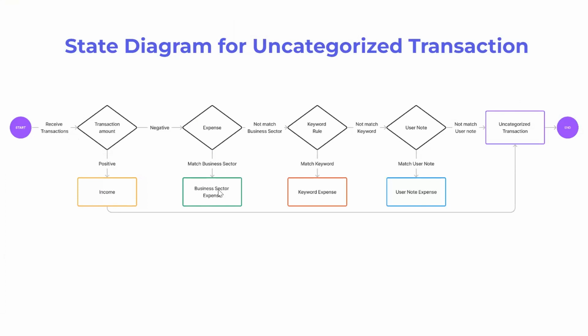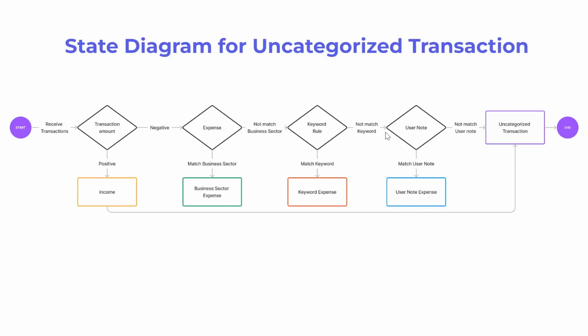If it's an expense, Modify will have a rule of business sector. Business sector means the business area that the business registered to the government. Like if I'm having a restaurant, we will classify it as food and beverage and so on. And if it doesn't match, we will have a keyword rule that has been identified from the bank.